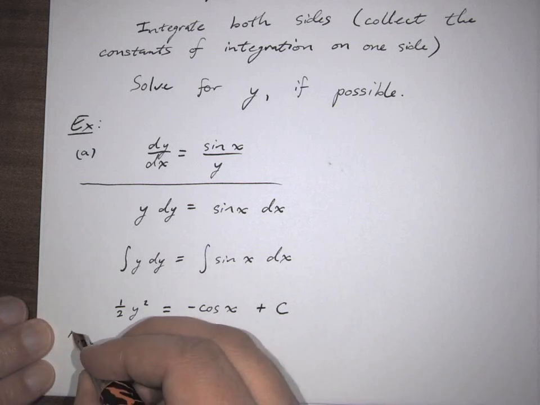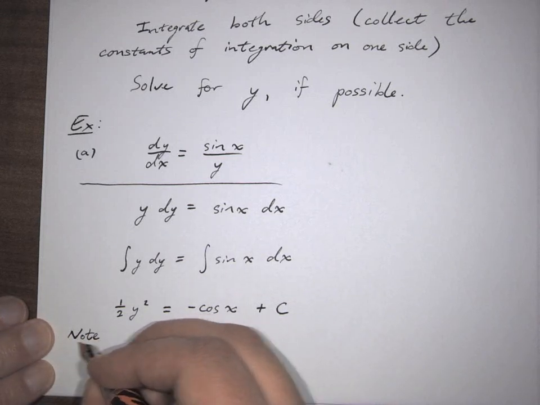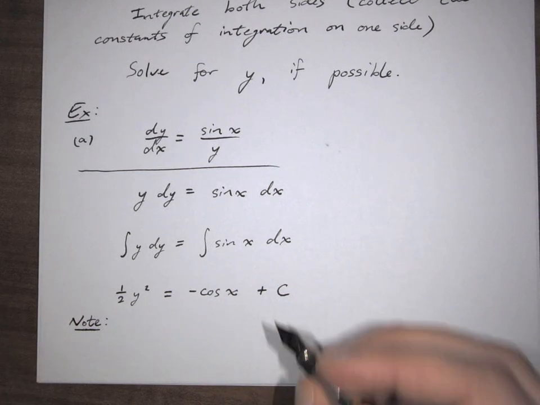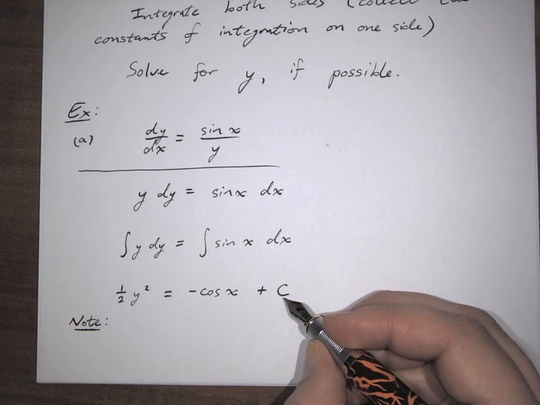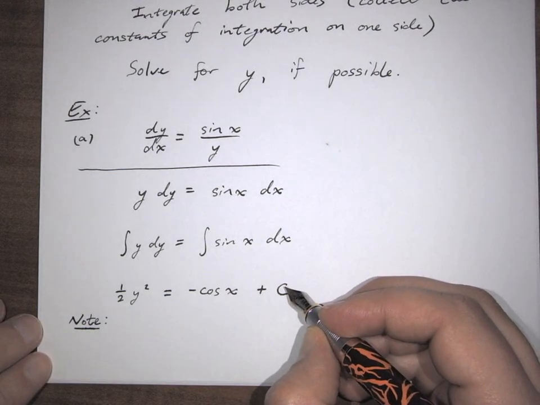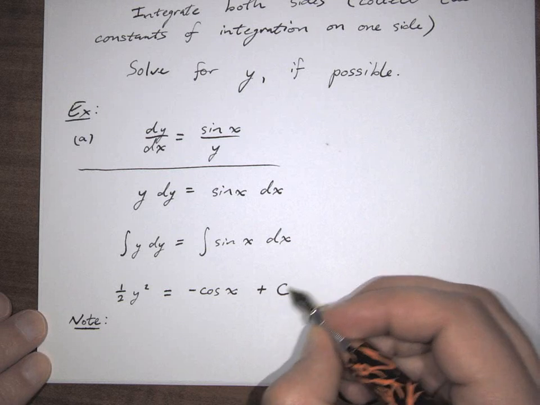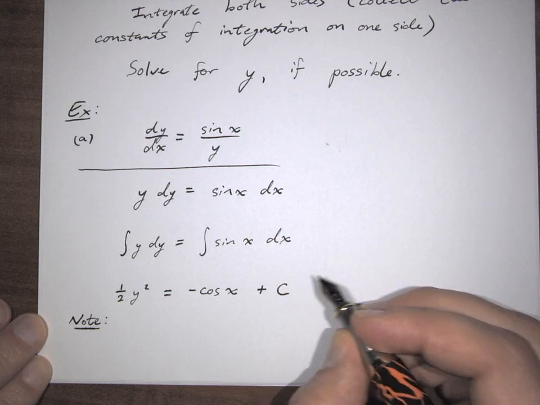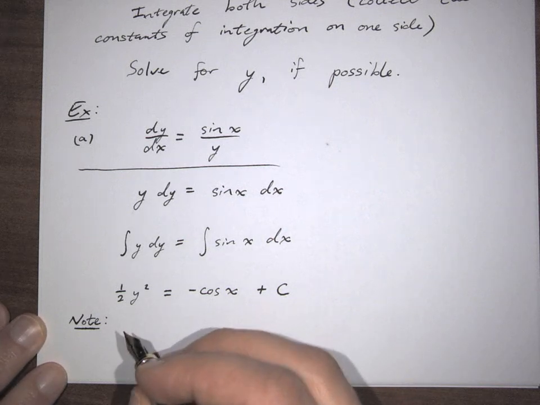Now, a note as we go down the road here. Whenever we are just multiplying the constant of integration by a factor such as 2, that's going to produce another arbitrary constant. This c can be anything. When you multiply it by 2, then it can still be anything. It'll just be twice whatever it was before.